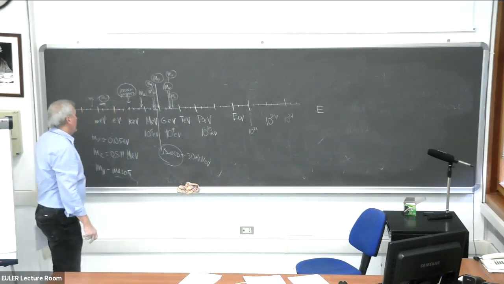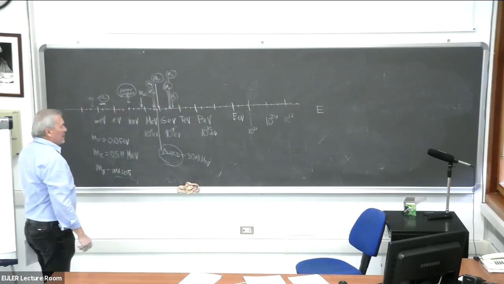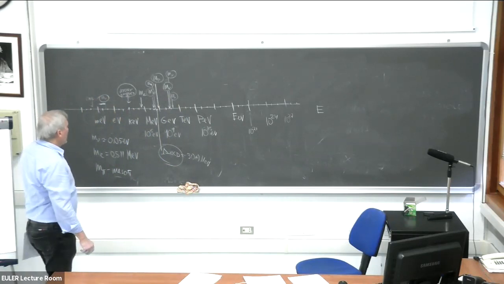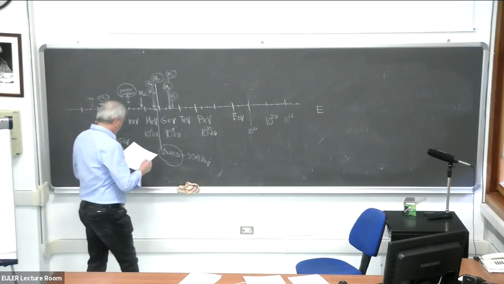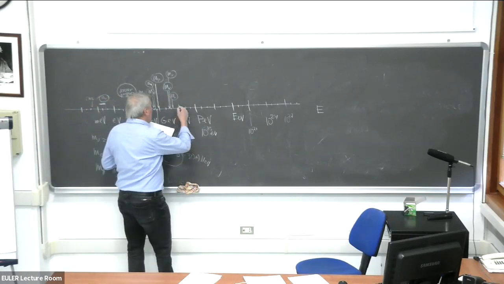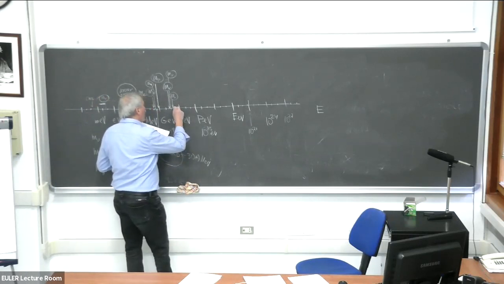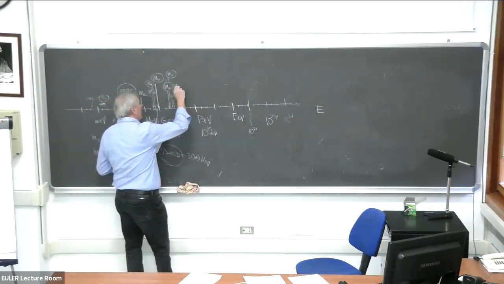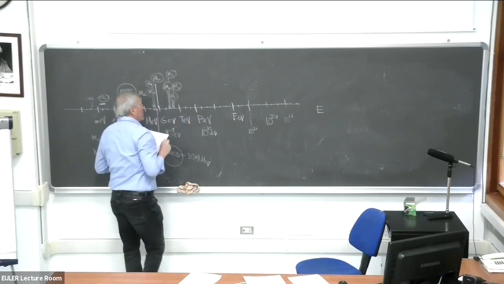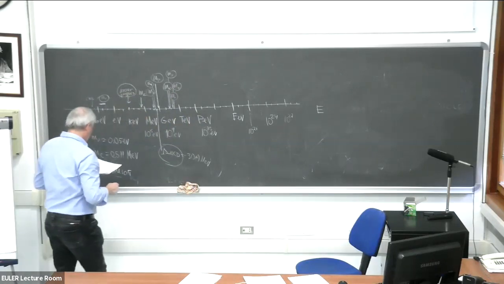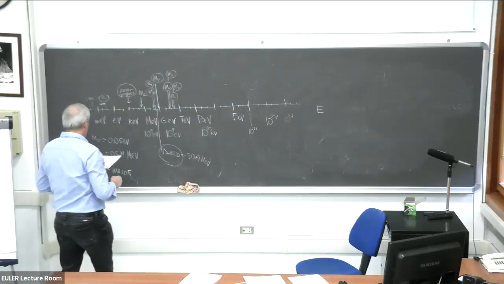This is the particle which was discovered last in the standard model. Now the heaviest quark is the top quark. It's somewhere here. The mass of the top quark is approximately 175 GeVs.